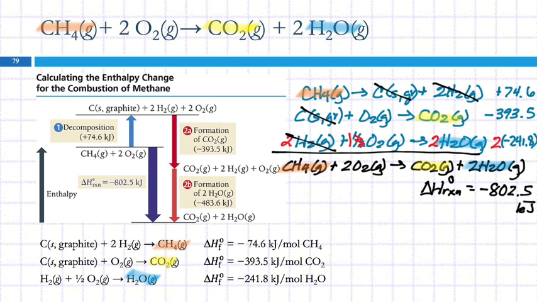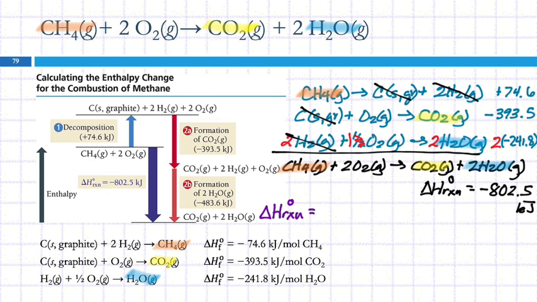And so what we can do, instead of adding up all these equations, we can say that delta H for the reaction is equal to the heats of formation for the products.